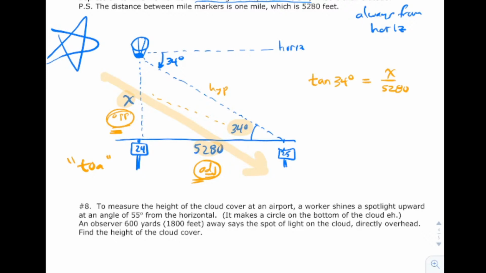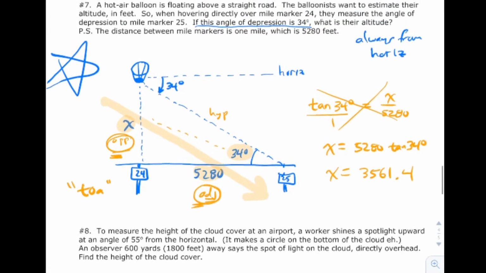We are so almost done. I'm going to do the crisscross applesauce. X is equal to 5280 multiplied by the tangent of 34 degrees. And what I'm looking at is 3561.4.